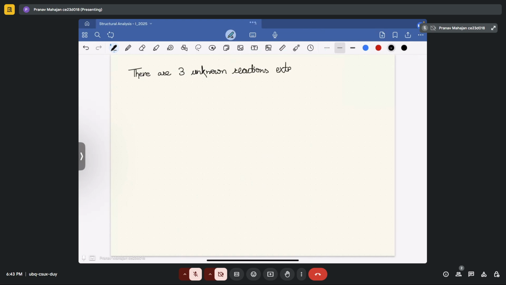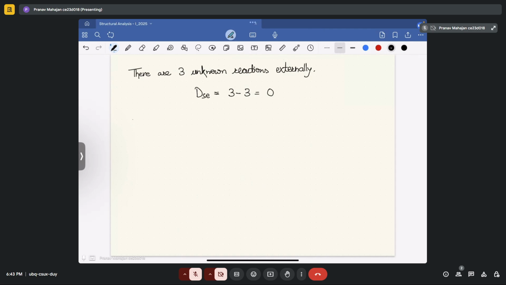Fine. And you have 3 external equations. So your degree of static indeterminacy due to this will become equal to 3 minus 3 equal to 0. So your external indeterminacy is 0.